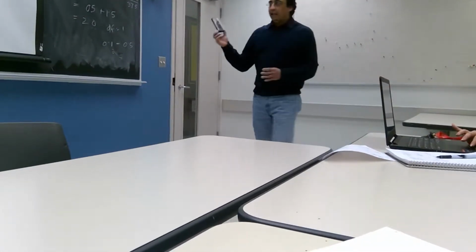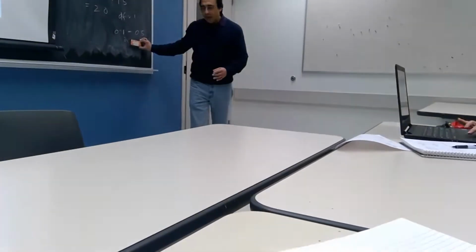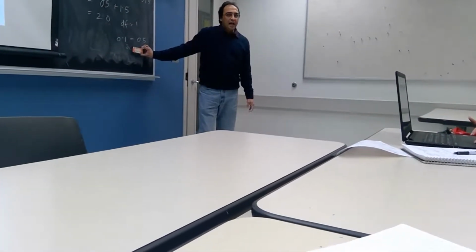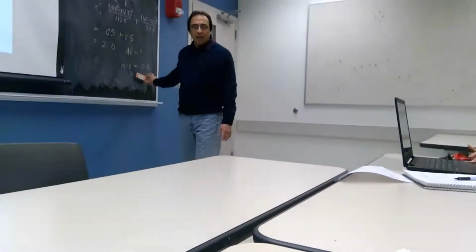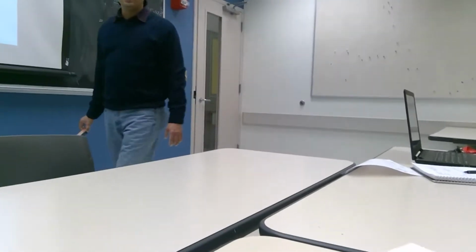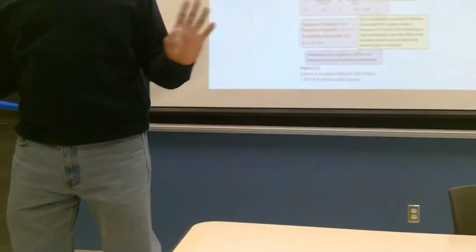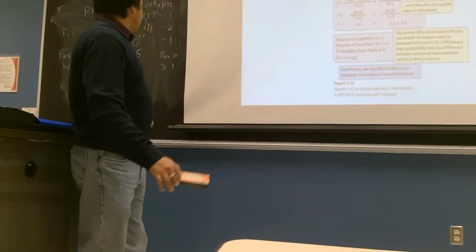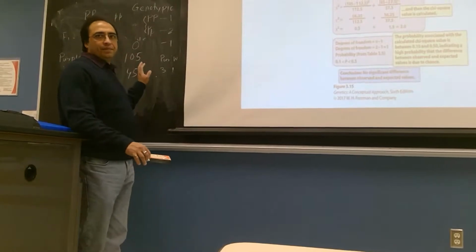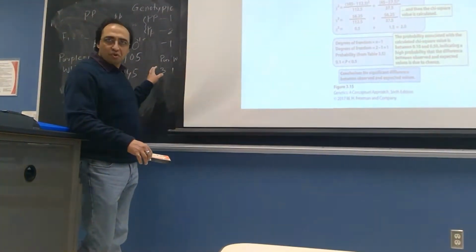So according to this value, it falls between 0.1 and 0.5. That means there is no significant difference between these two results. If there is no such difference between these two results, then we can accept this. So this is true.